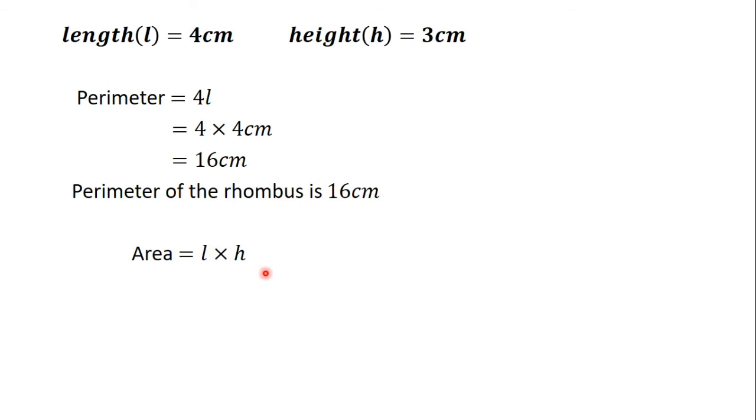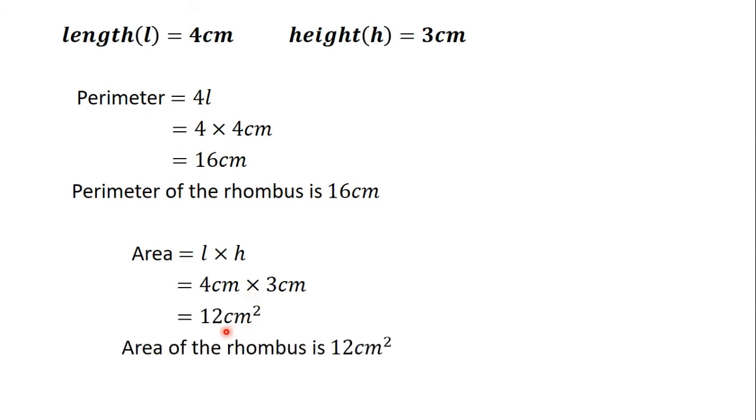The length is 4 centimeters and the height is 3 centimeters. So you have 4 centimeters times 3 centimeters, and that gives us 12 centimeters squared. So the perimeter of the rhombus is 16 centimeters and the area of the rhombus is 12 centimeters squared.